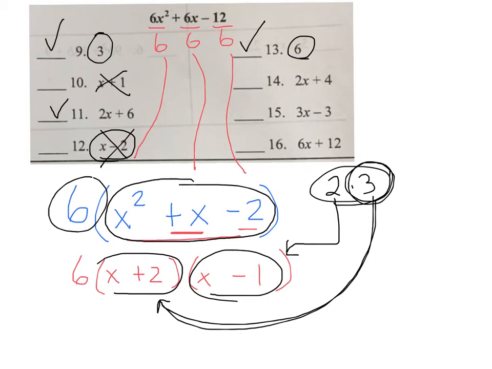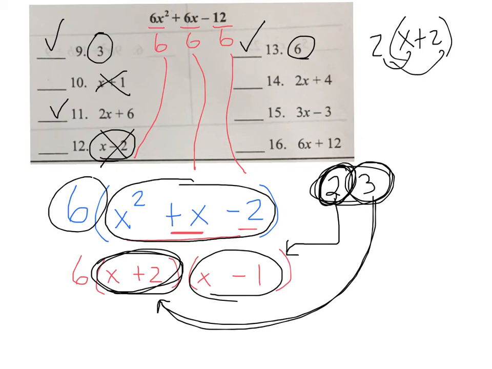What about 2x plus 4? Yeah, it is. Look, x plus 2, let's write x plus 2. And then is 2 a factor of 6? So what if I take 2 and distribute it to x plus 2, what do I get? 2x plus 4. So it's a factor. If you take any of the factors and multiply them together, that's also a factor.